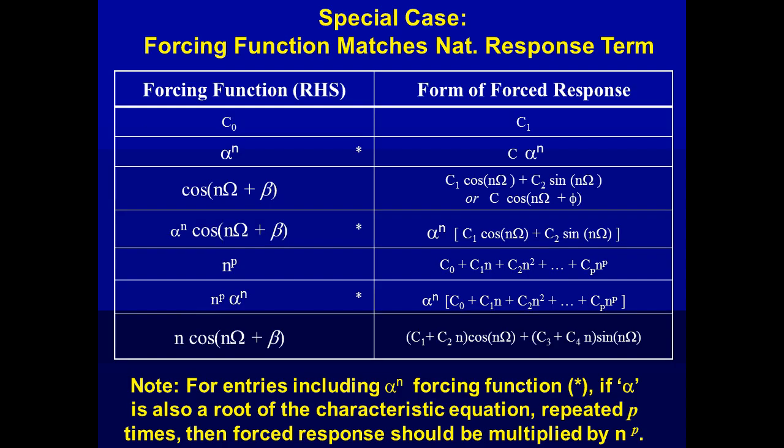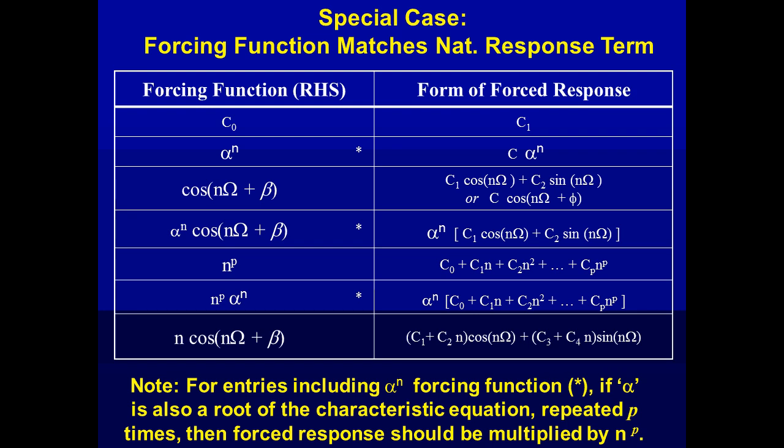So how do we handle these? Well, for the case where the forcing function matches the form of the natural response, we go back to our forced response table, where we look at, on the left, what the shape is of my input signal, and pull off from the right what's the shape of the forced response. We then have to go look at the asterisk, the fine print.